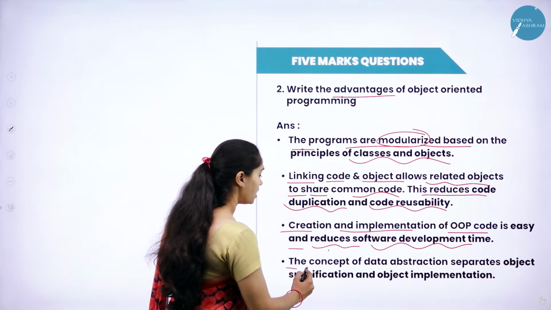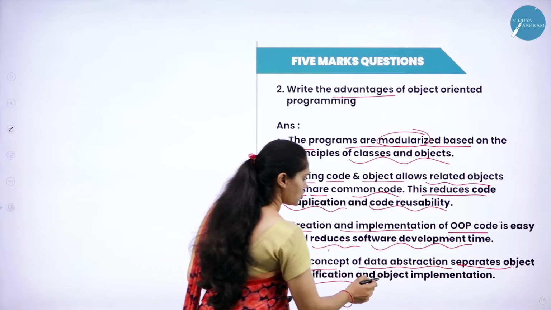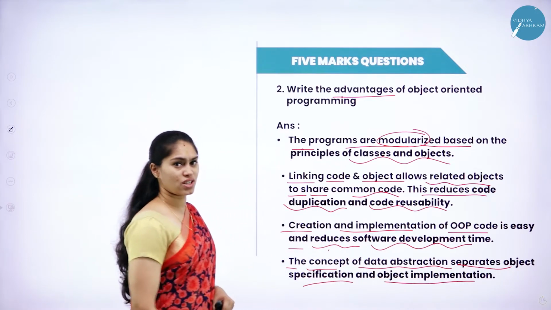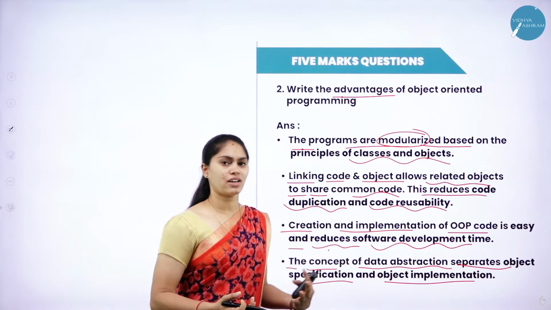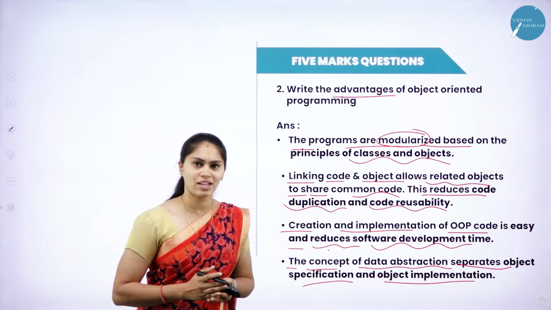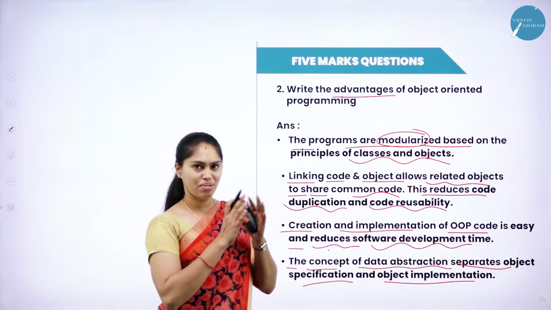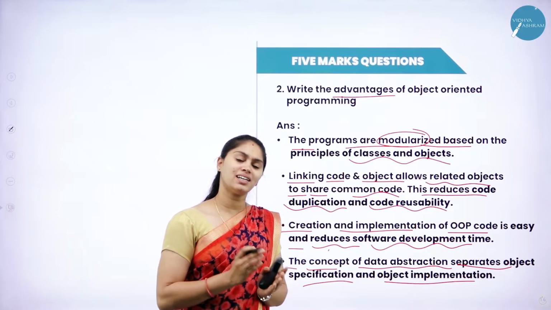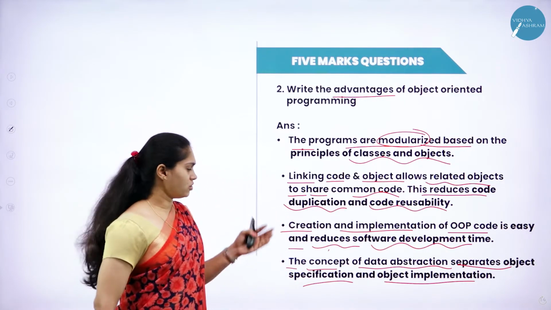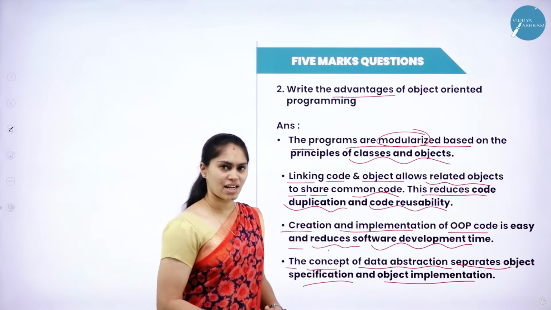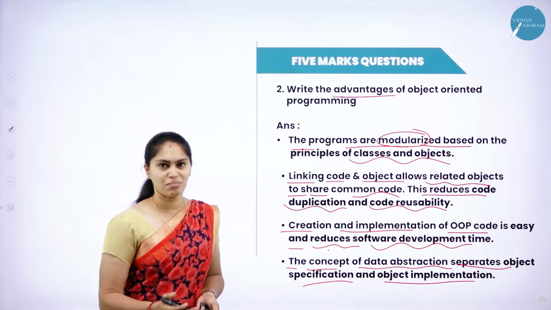And also we have the concept of data abstraction, which separates object specification and object implementation. So data abstraction does not give all the junk data or all the background details. If you are getting all the background details, somehow that looks hectic, right? But if we have only a plain UI, or only the content I wanted to work with, then that will be easy to work with. So data abstraction is going to separate the object specification and object implementation.